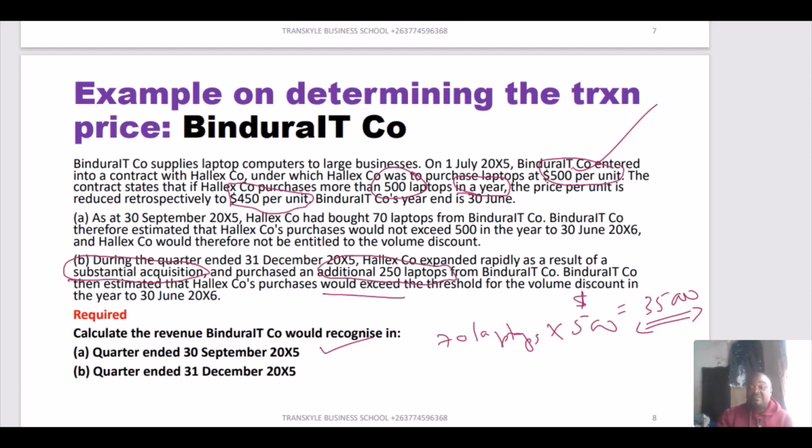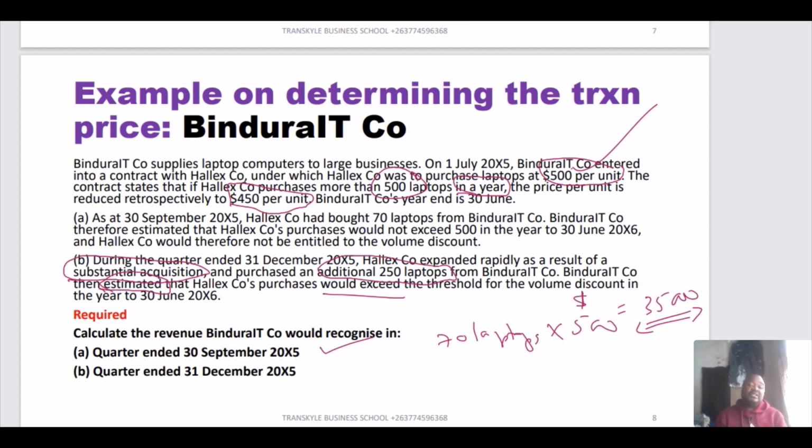So even if they haven't exceeded it for now, there is a chance. This is where, when it comes to variable considerations, we have to use the probability weighted estimate. In this case, the estimate has been based on probabilities.